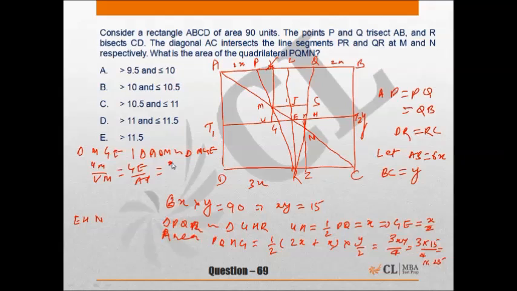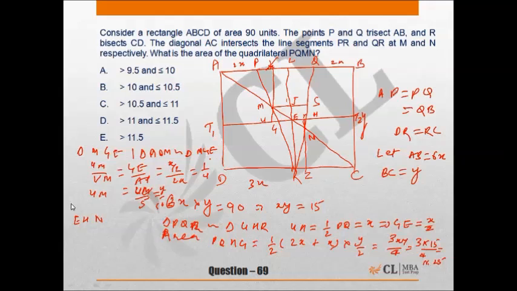GE is x by 2 and AP is 2x. From here we get UM upon VM as 1 by 4. This implies that UM is equal to UV upon 5, and this will be equal to y by 10 as UV is y by 2.